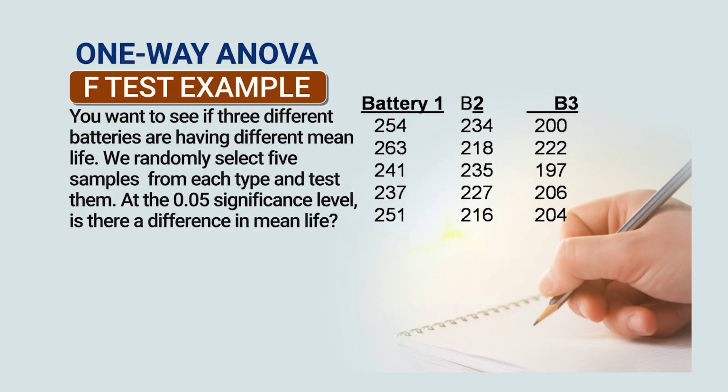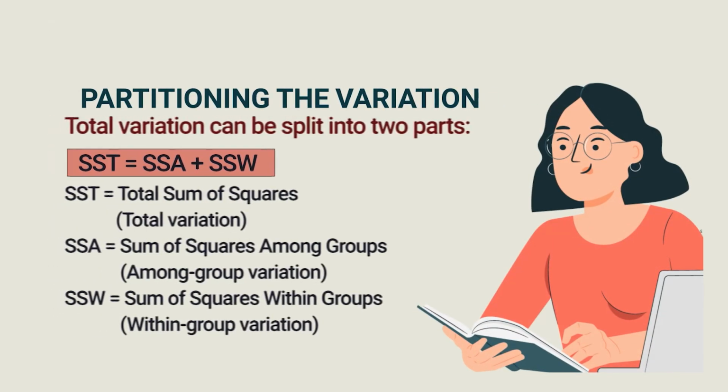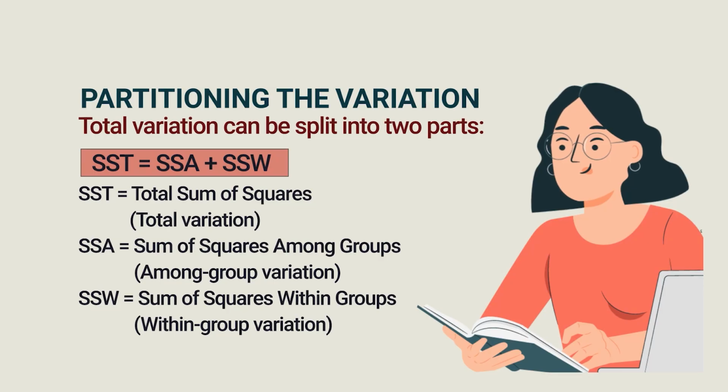Now, how do we do that? We will split the total variation into 2 parts. One is SST, the total sum of squares of all the 15 values, which is equal to the sum of squares among groups, or among batteries or brands, plus SSW, the sum of squares within batteries.